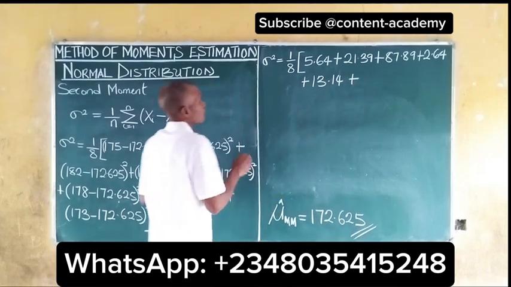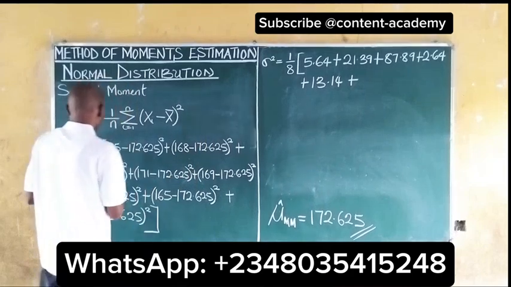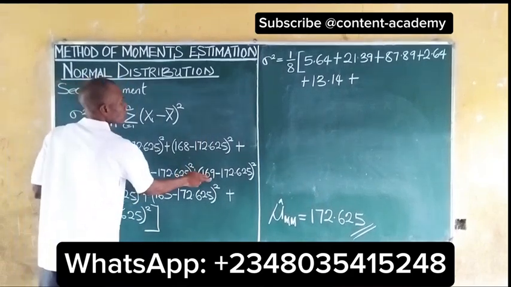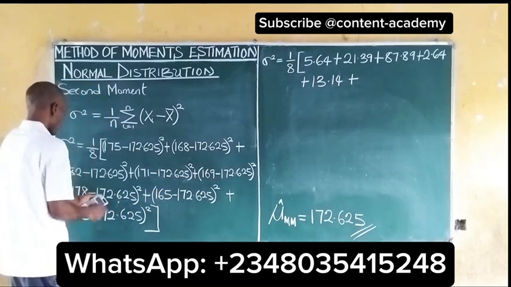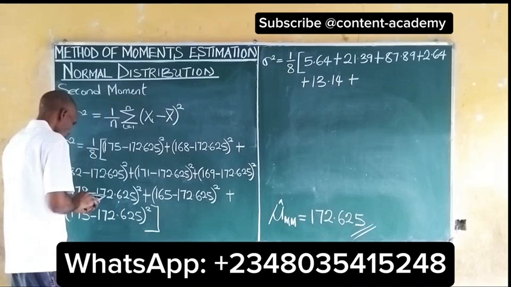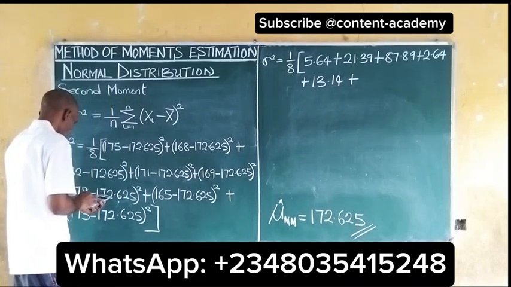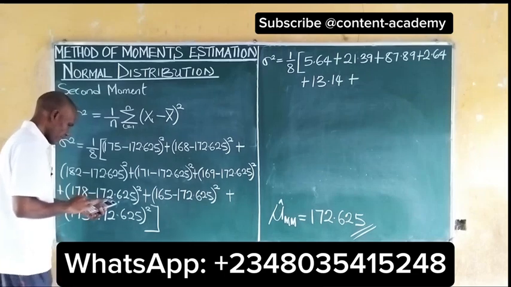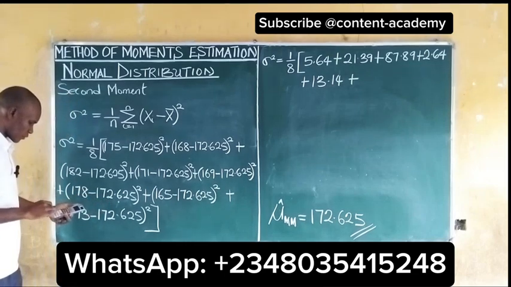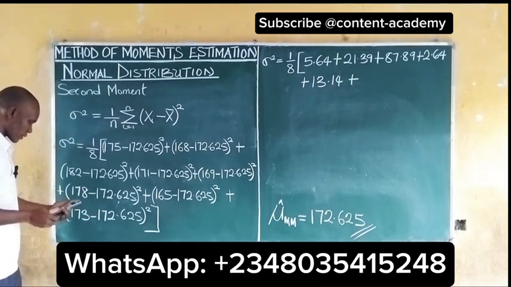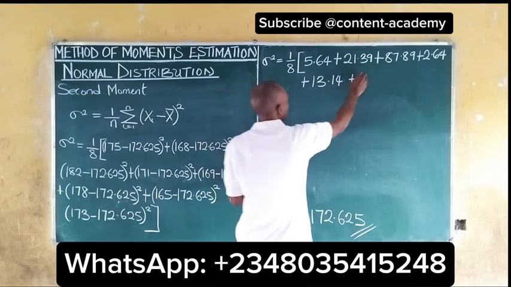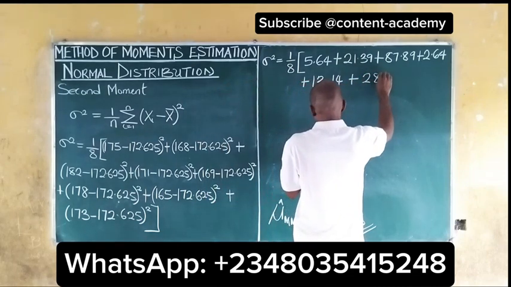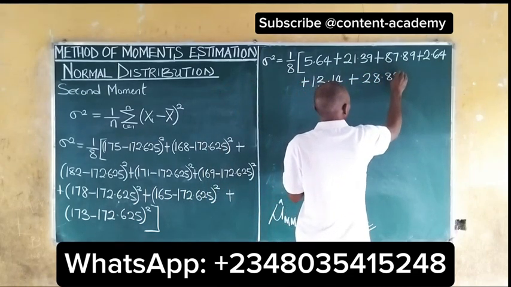Plus the sixth one, 178 minus 172.625 squared, which is 28.89.